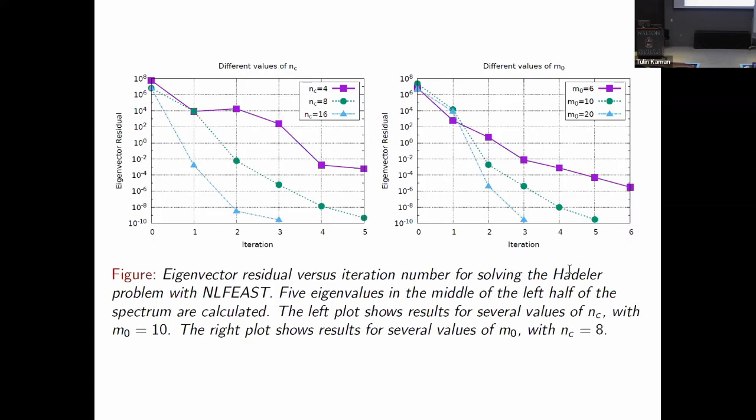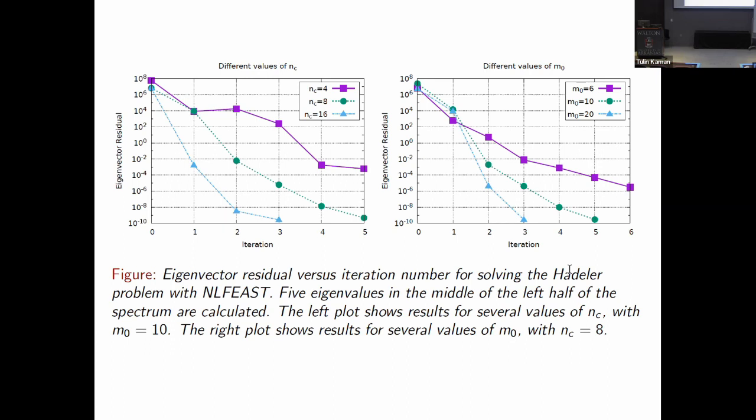You can also see how the accuracy and the number of iterations needed depend on the number of quadrature nodes. We know that the larger the number of quadrature nodes, the more accurate your spectral projector is, or something associated with it. We don't have a full definition of the spectral projector in the nonlinear eigenvalue problem, so let's call it a filter. So we get a much more accurate result.